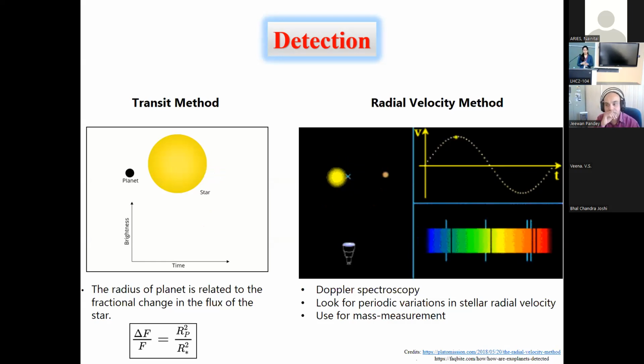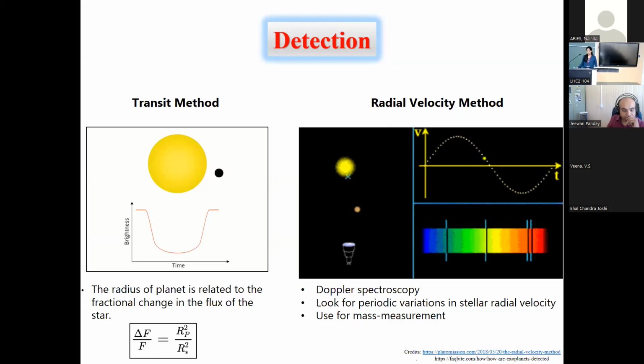By measuring the shift in the spectra, one can calculate the radial velocity. If any exoplanet or other body is present in the gravitational field of that star, it will show this kind of sinusoidal modulation. Since the star is periodically wobbling around the common center of mass, we see a periodic variation in the stellar radial velocity.